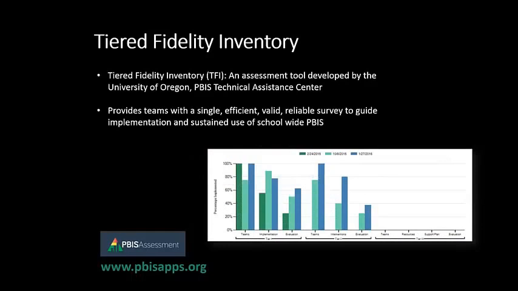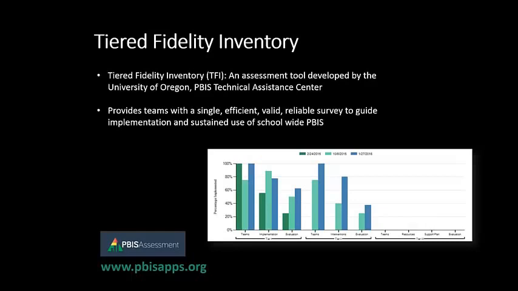So here's one example of a school that took the Tiered Fidelity Inventory. You can see they've taken it 3 times. They took it the first time in February of 2015, again in October of 2015, and then again in January of 2016.